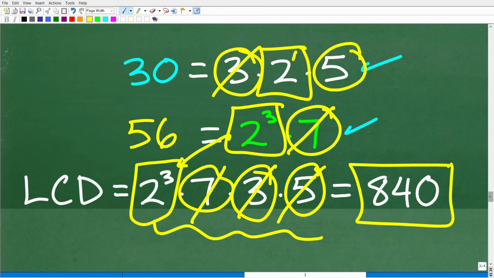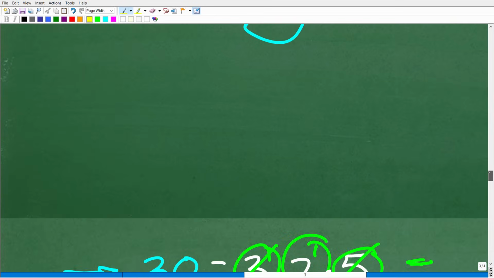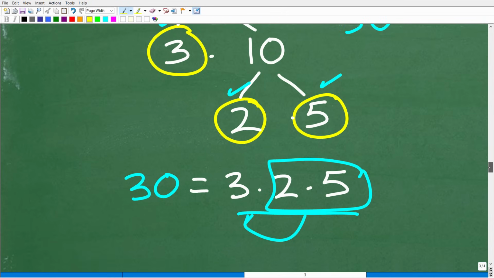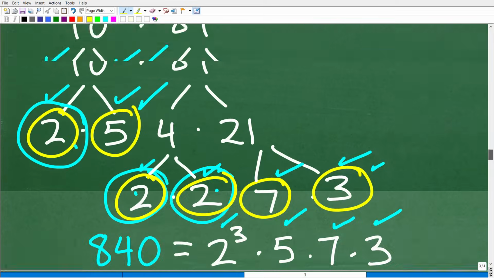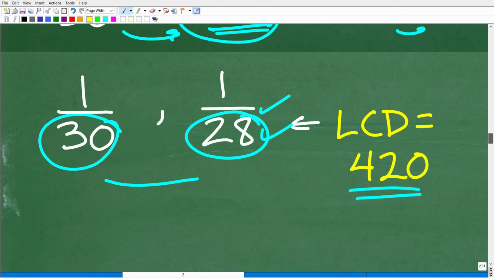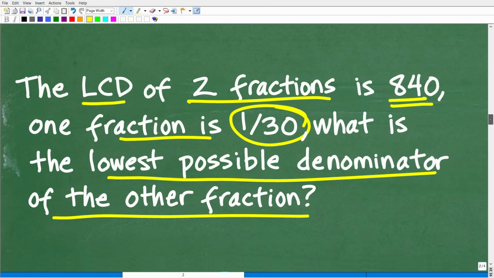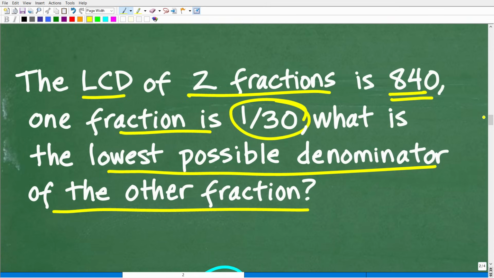All right, now this problem could very well be confusing. The problem is, it is confusing, and it's not a direct, find the LCD type of question. It's one of these questions where you really have to know your stuff, to reason through how you can approach this problem. But here's the deal.